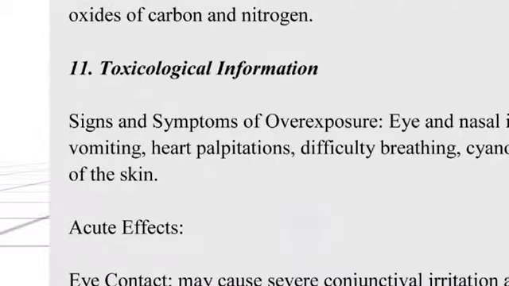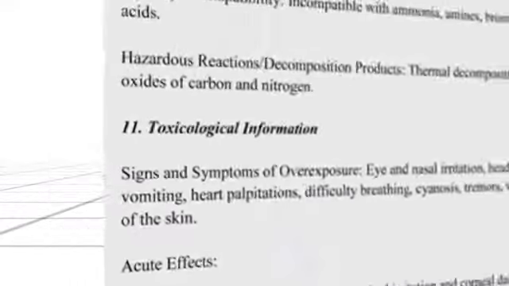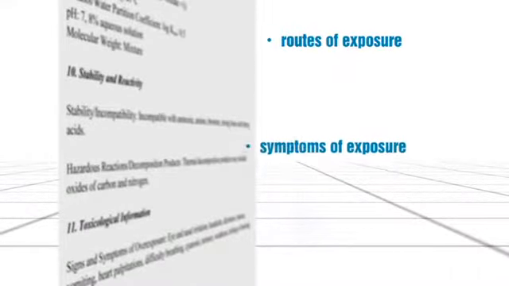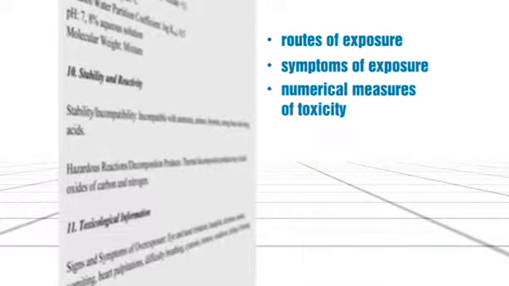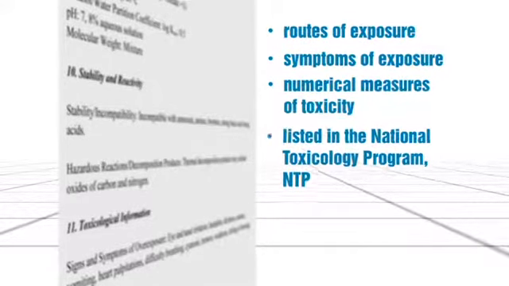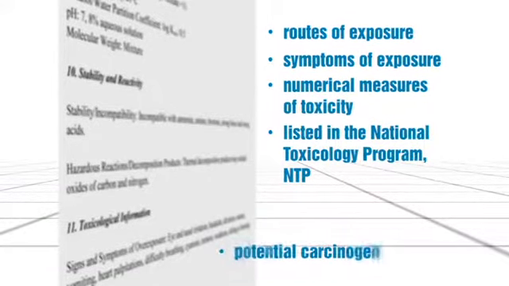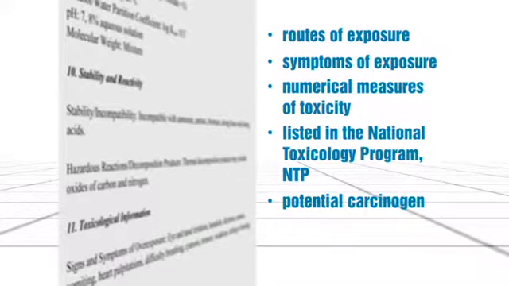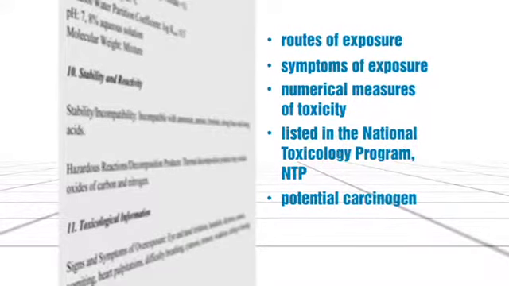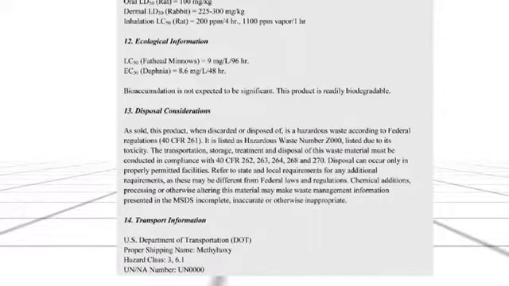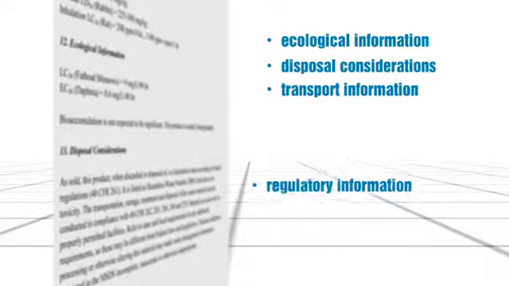Section 11, called Toxicological Information, describes the likely routes of exposure, symptoms of exposure, numerical measures of toxicity, and whether or not the product is listed in the National Toxicology Program (NTP) Report on Carcinogens, or has been found to be a potential carcinogen by OSHA or in the International Agency for Research on Cancer (IARC) monographs. Sections 12 through 15 describe ecological information, disposal considerations, transport information, and regulatory information.